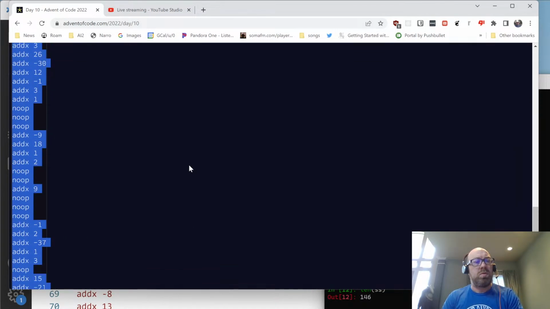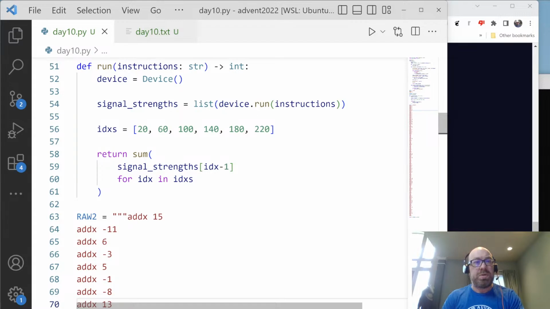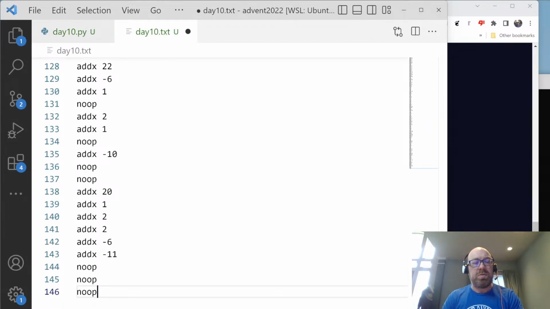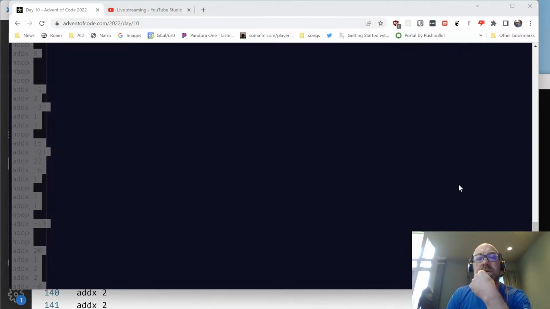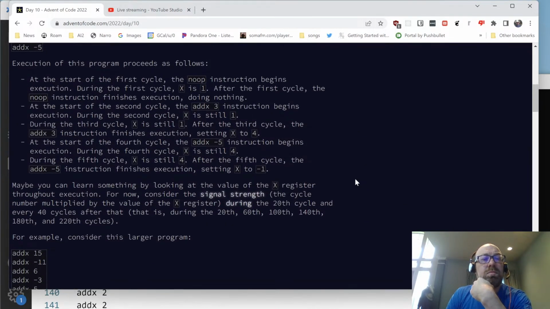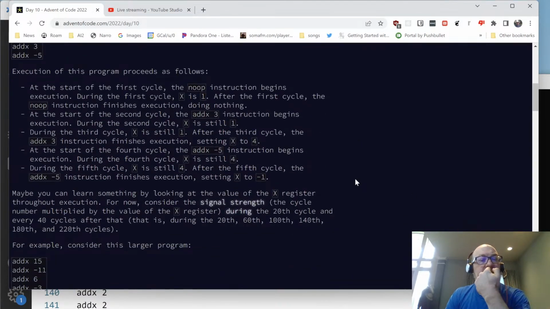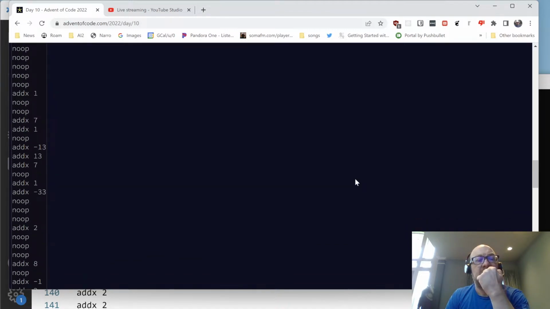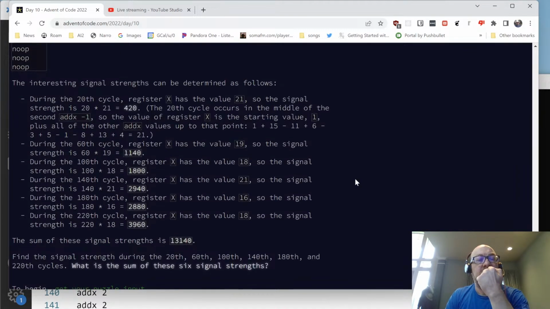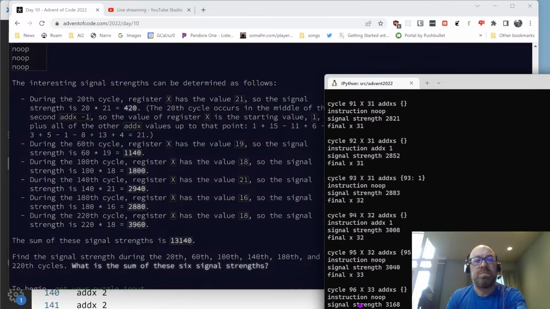So there's something I'm not getting here, which is as follows. These are only 146 instructions. So how, with 146 instructions, can I get... let's see.